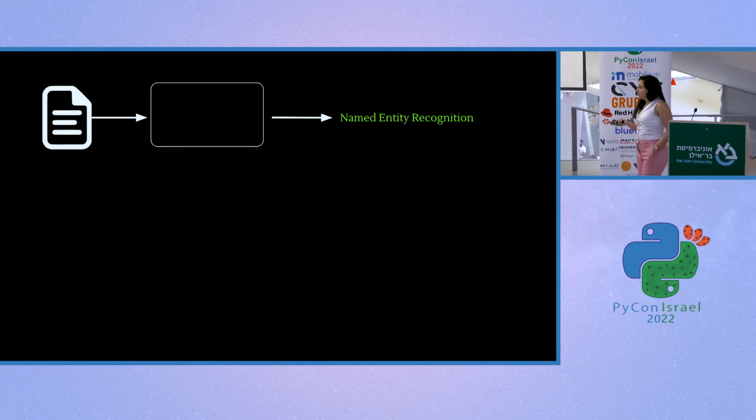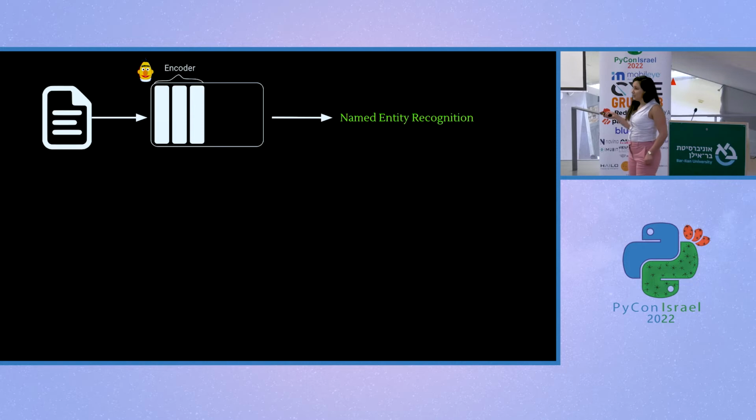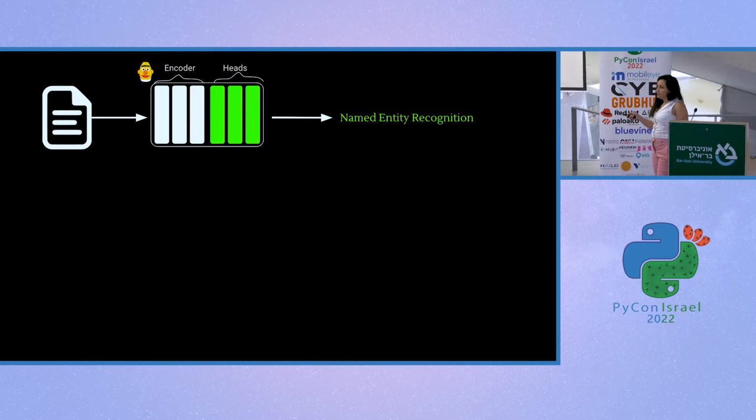So this is what we usually do in industry applications. If I want to build, for example, a named entity recognition system, then we don't train language models from scratch because it's expensive. So we usually take BERT or one of its friends, and use it as the initialization for the encoder. We add some task-specific layers, and then we fine-tune this model with the probably smaller dataset that we have.